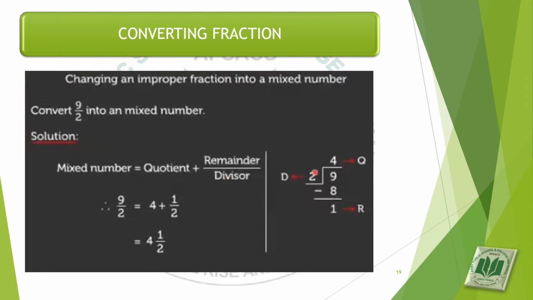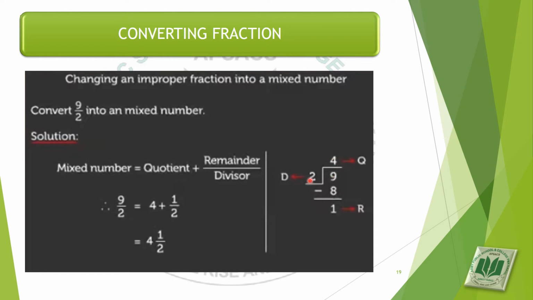Now what will we do? We have to divide the given number and we will get our required answer. You can see here we will divide 9 by 2. So this is 9 and this is 2.